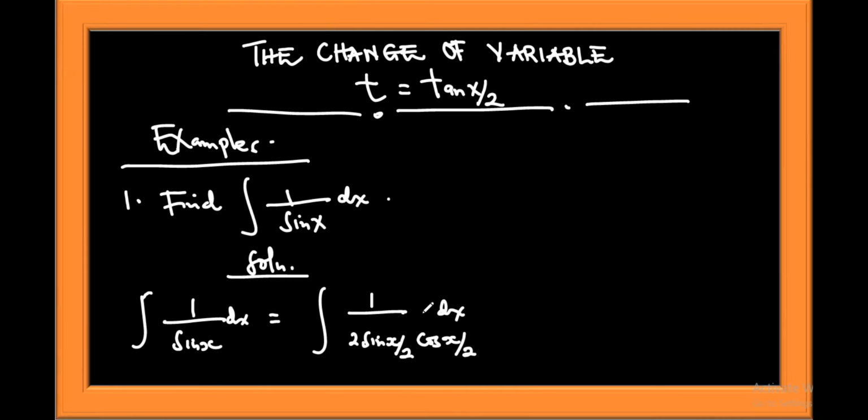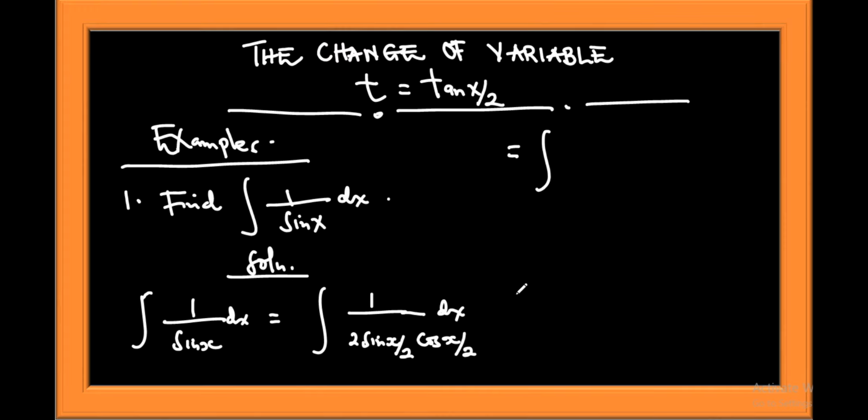What I've done is I've expressed sine x in terms of half angles, and these ideas all come from one of the topics in trigonometry that talks about double angles and half angles.